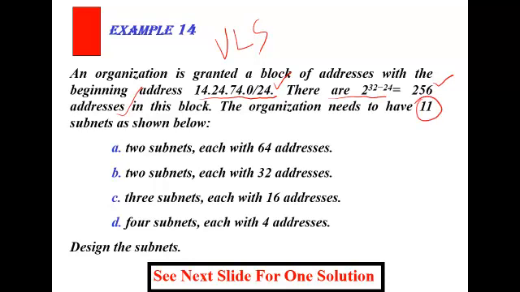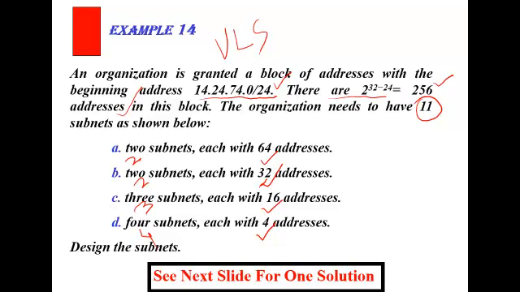Mind it, we need 11 different subnets, each of different size: 2 subnets of 64 addresses, 2 subnets of 32 addresses, 3 subnets of 16 addresses and 4 subnets of 4 addresses, meaning 4 plus 3 plus 2 plus 2 is 11. 11 subnets are required. How will this particular situation be handled?